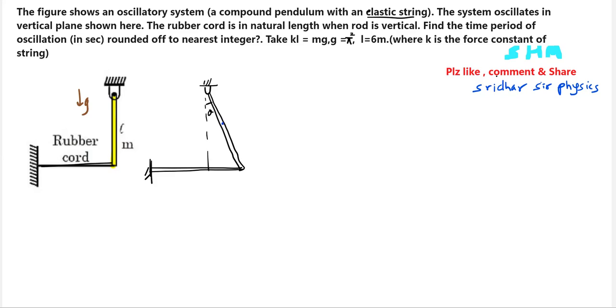The weight mg will act through here, and let x be the displacement of this. Let L be the length of the rod, with L by 2, L by 2. The spring force here will act in this direction.